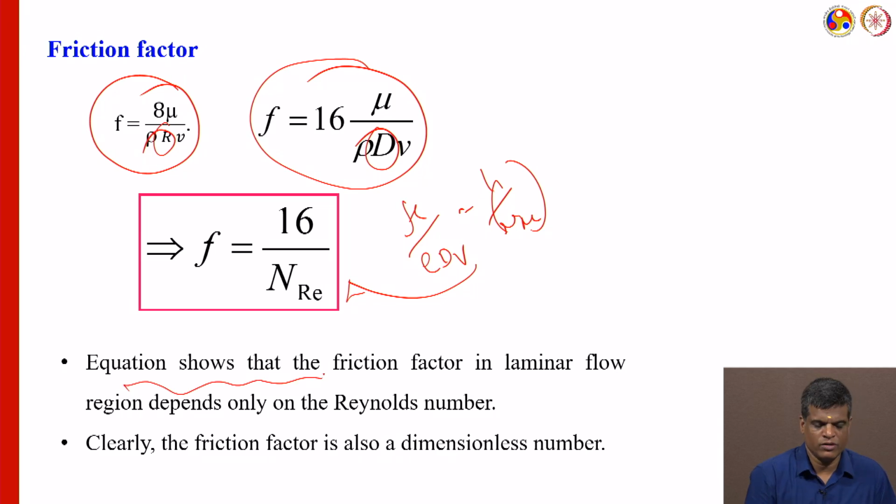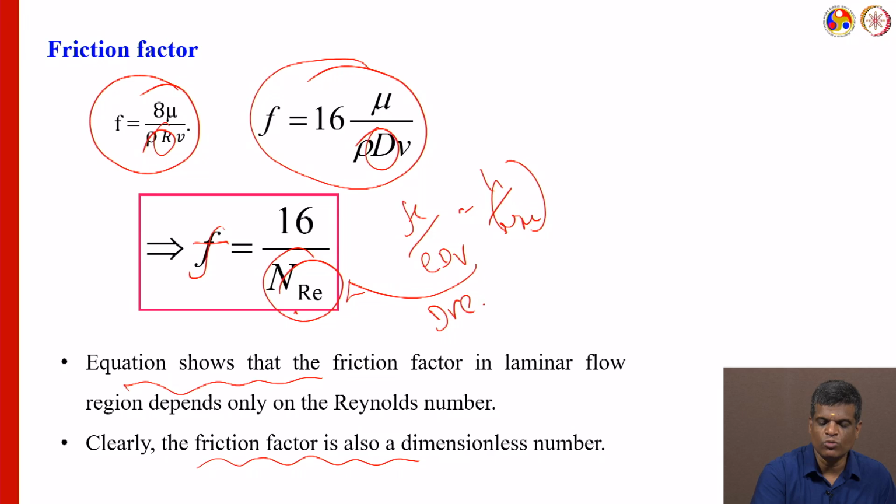Clearly, the friction factor is also a dimensionless number. NRE is dV rho by mu, and there is no unit because the units get cancelled. So from there also we can say that the friction factor is dimensionless.